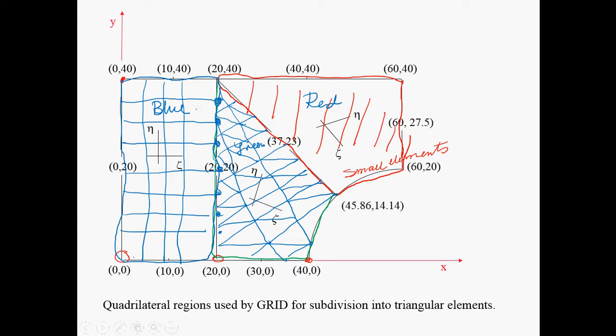Patran has a very nice way of doing this, because you need to sew together the blue region with the green, and in the interface, isn't it true that there is a blue node and a green node in the same place?